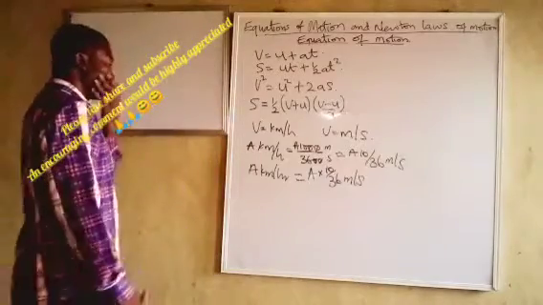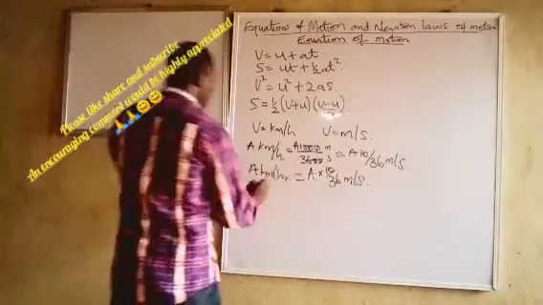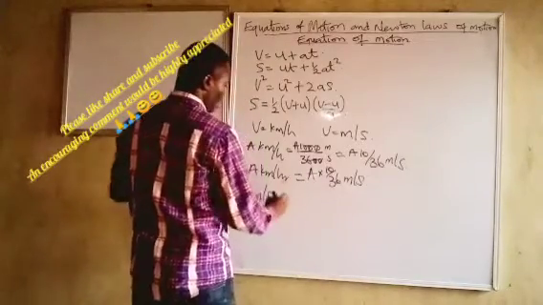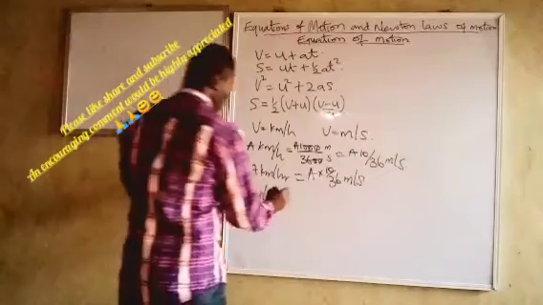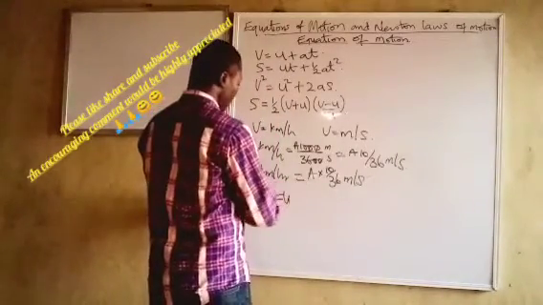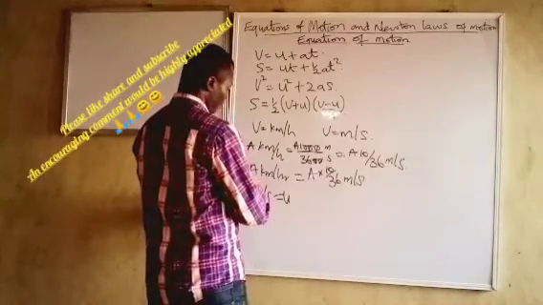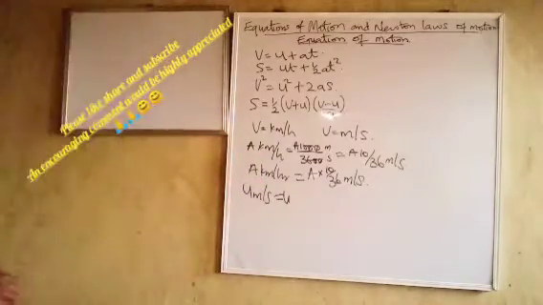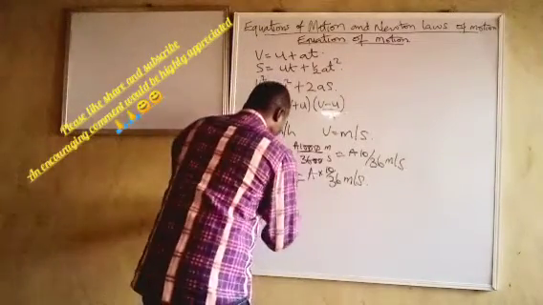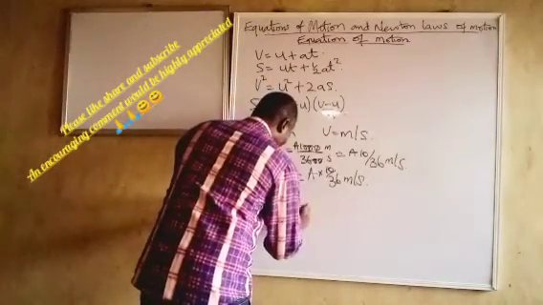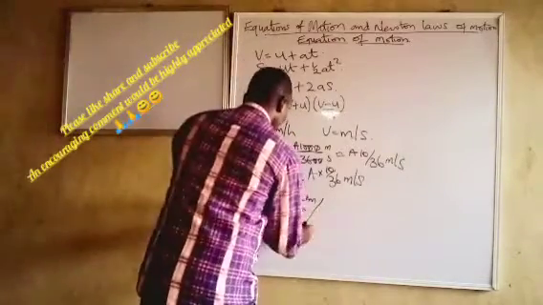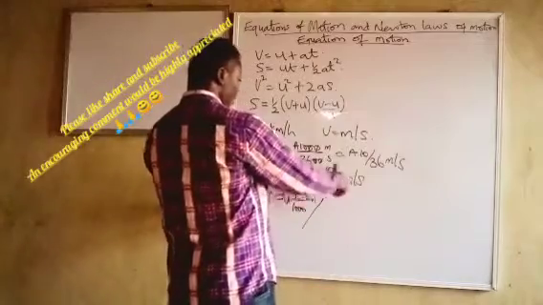And if we want to convert from U meters per second to kilometers per hour, what do you do? How many kilometers are in meters? We have 1 over 1000 kilometers divided by how many seconds are in hour?